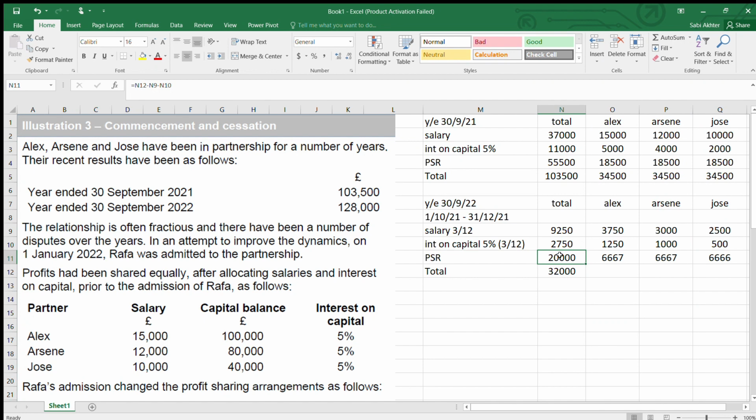Now after Rafa joins, which will be from 1st of Jan 2022 till 30th September, because year end is 30th September 2022. 9 months, right? The remaining 9 months.